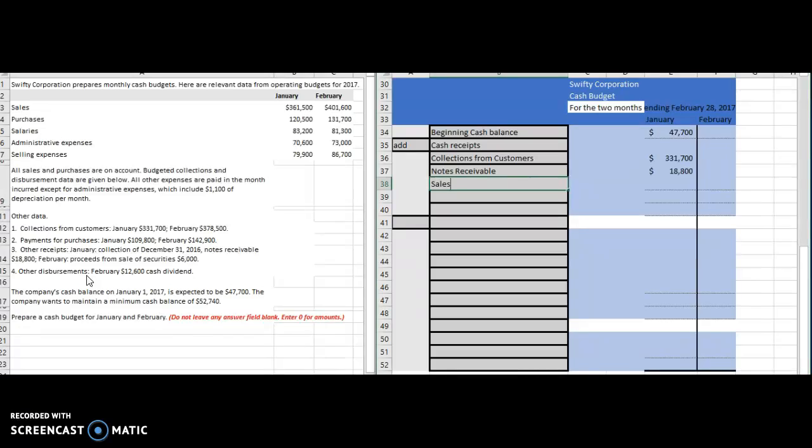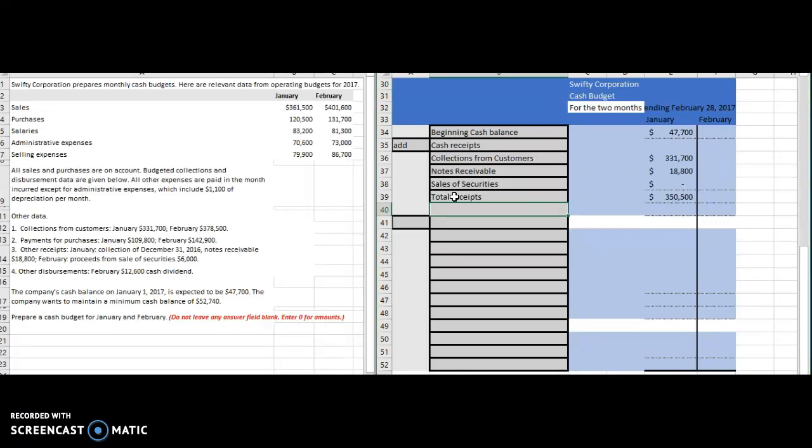Next, we'll put in sales of securities, which for the month of January, there weren't any. We need to put in a 0 so as not to leave any answers blank. Then we'll total up our receipts, which when you add those all up comes to $350,500.